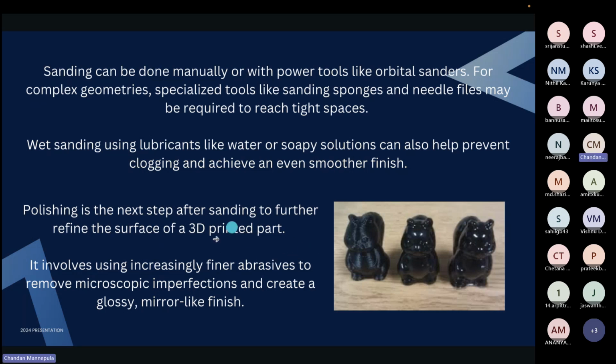While you rub with sandpaper or any other material to remove the layer lines, since it is a harsh process, there will be microscopic deformities, like wedges and improper layers. To fill those gaps, we use polishing so that we obtain a mirror-like finish.